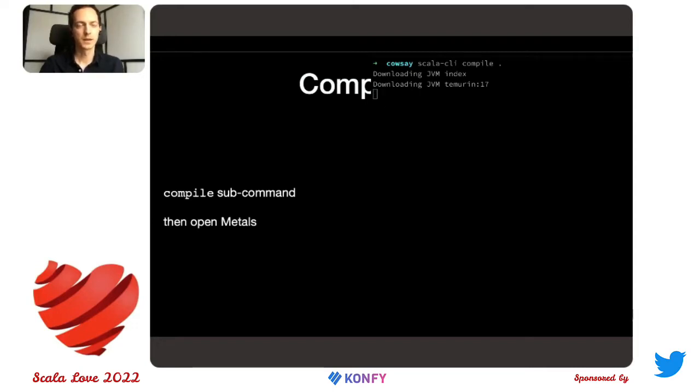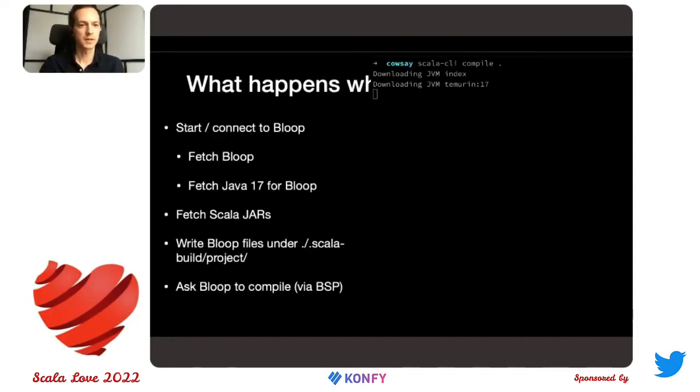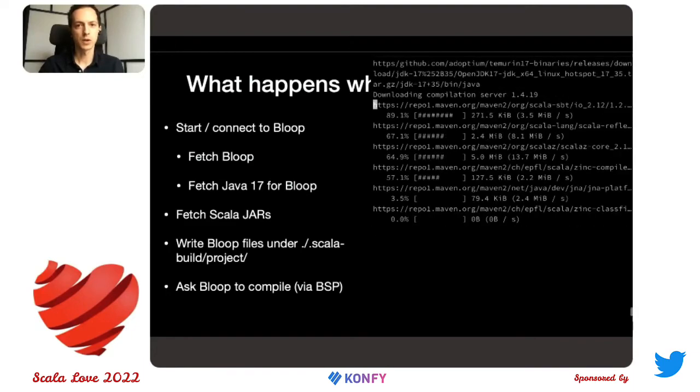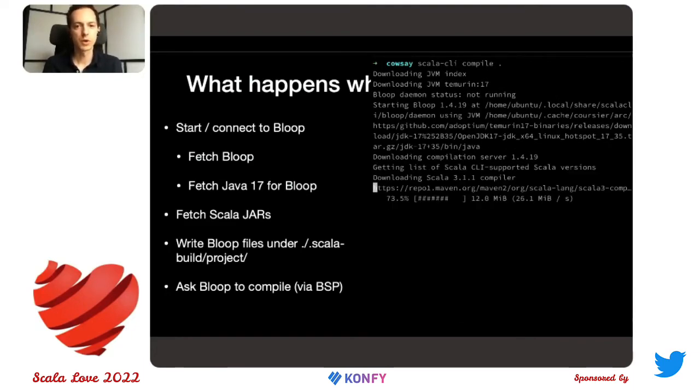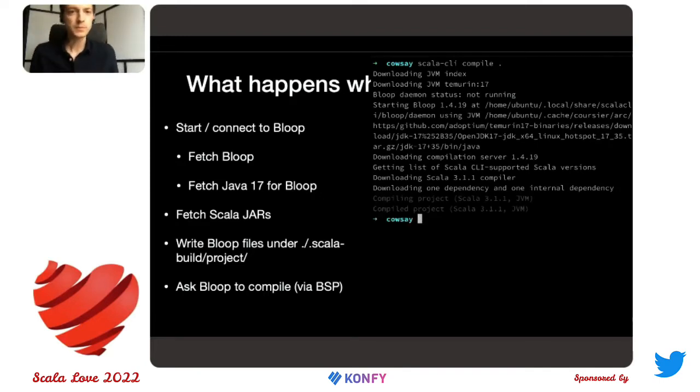which means many things happen, and we can have a quick look at them so that you can understand how Scala CLI works. What happens here is Scala CLI first downloads a JVM.